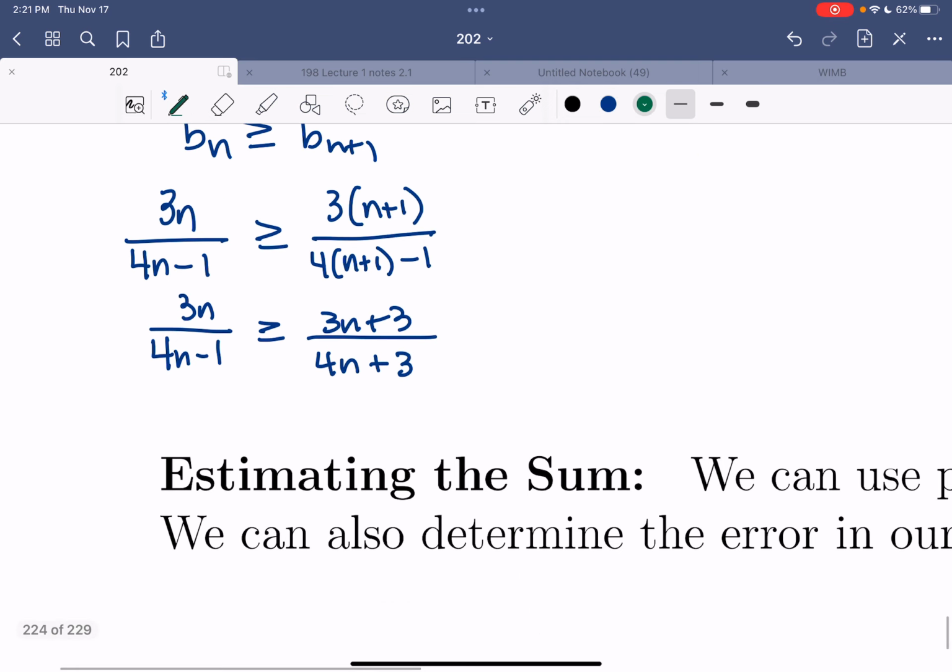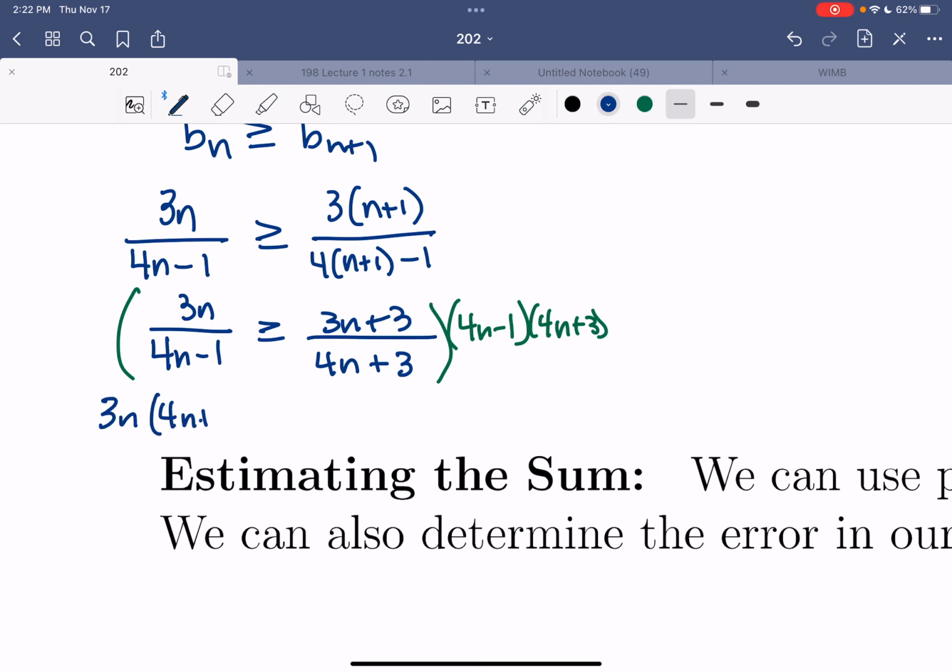Now, if we multiply both sides by 4n minus 1 times 4n plus 3, we end up with 3n times 4n plus 3 is greater than or equal to 3n plus 3 times 4n minus 1.